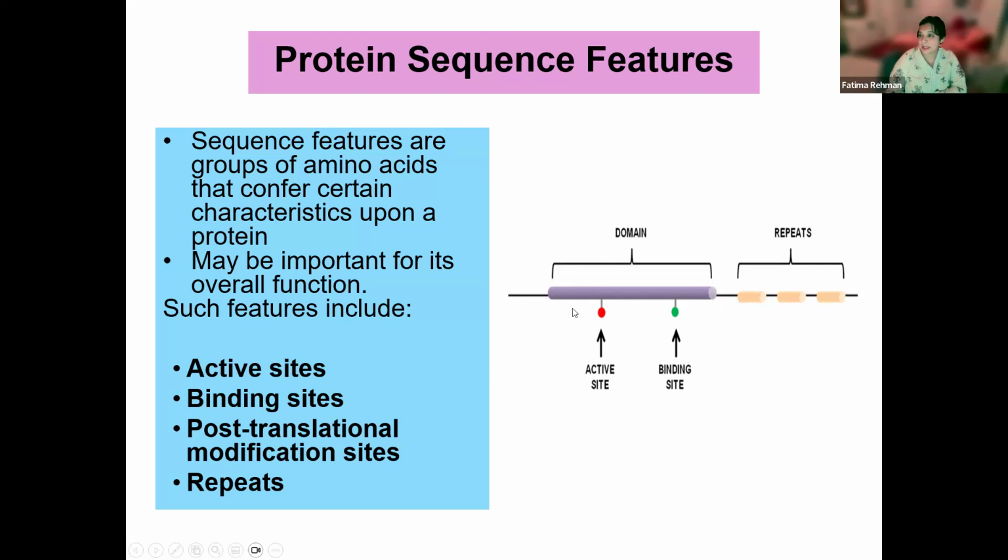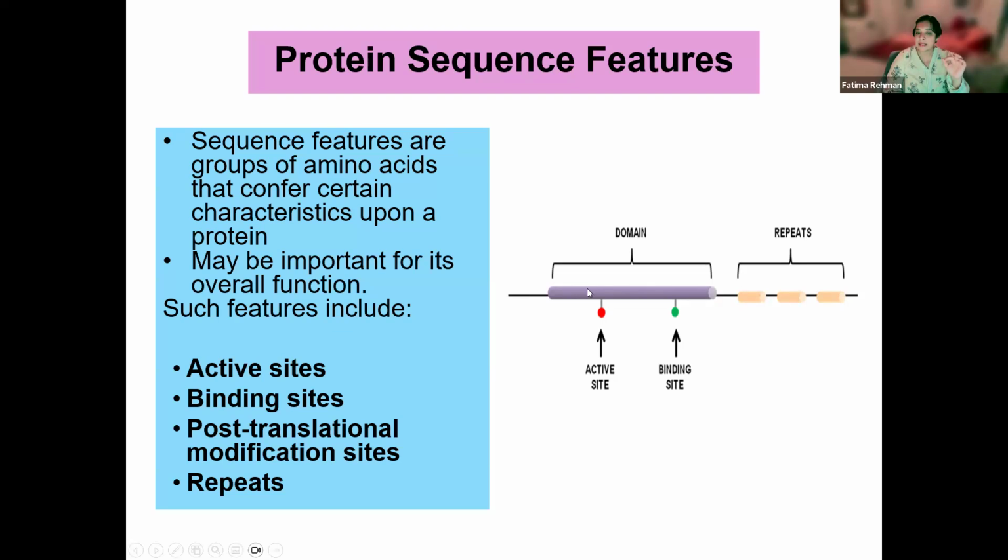Active sites are places where it can be modified in some way to activate the protein's function. Binding sites allow it to interact with typically other proteins or molecules to have that function performed in some way, shape, or form. So binding DNA, binding another protein, binding another molecule like oxygen, right?